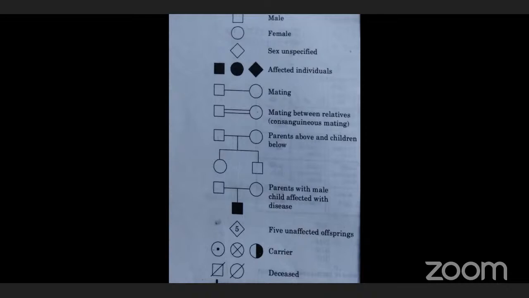The square is the male, the circle is the female. Unspecified means we don't know whether it is a male or a female.